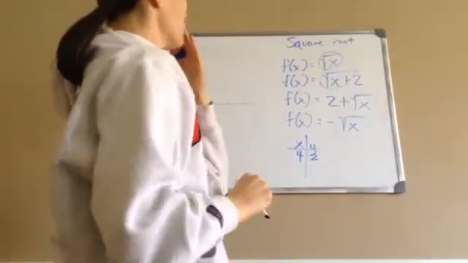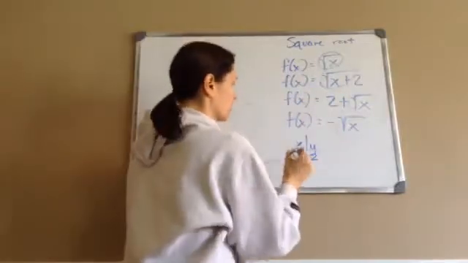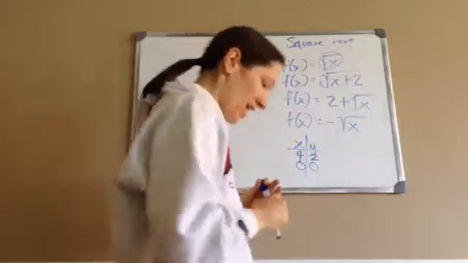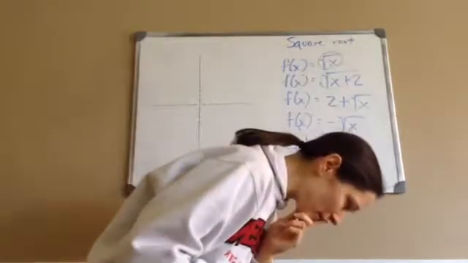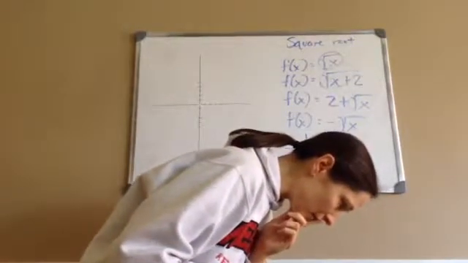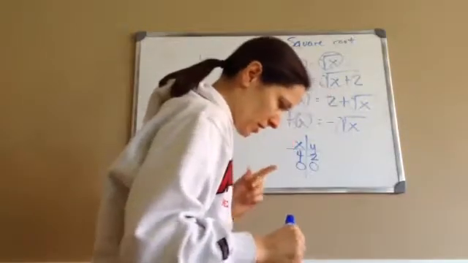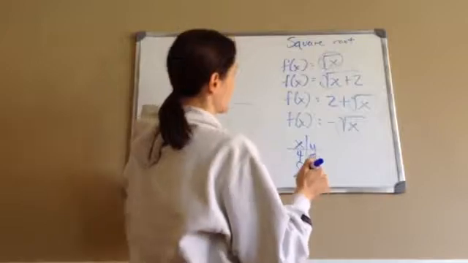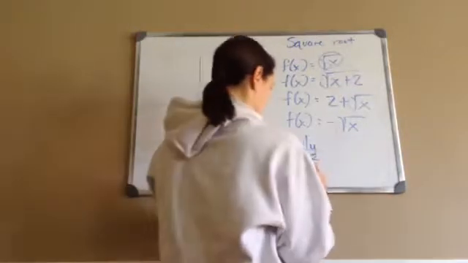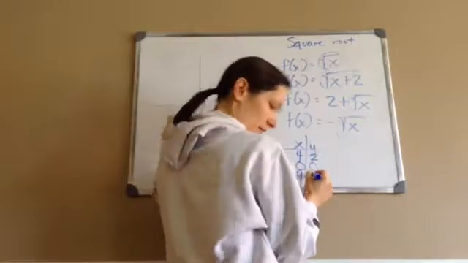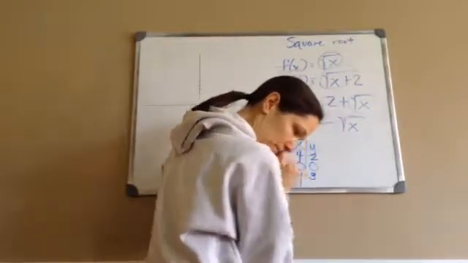If x is 0, then the square root of 0 is 0, okay? Let's do 9 then. If x is 9, then y would be 3, right?